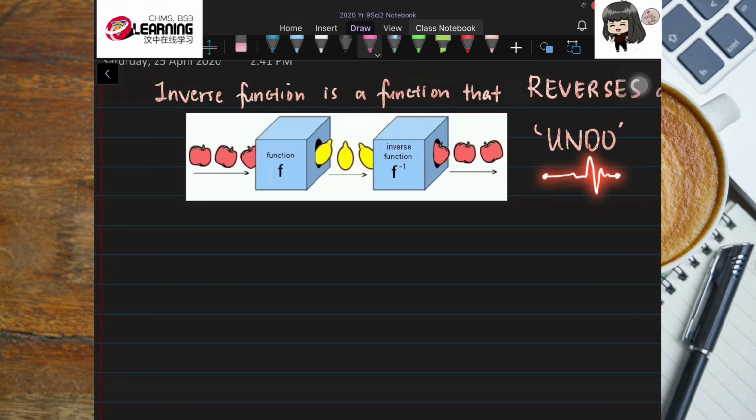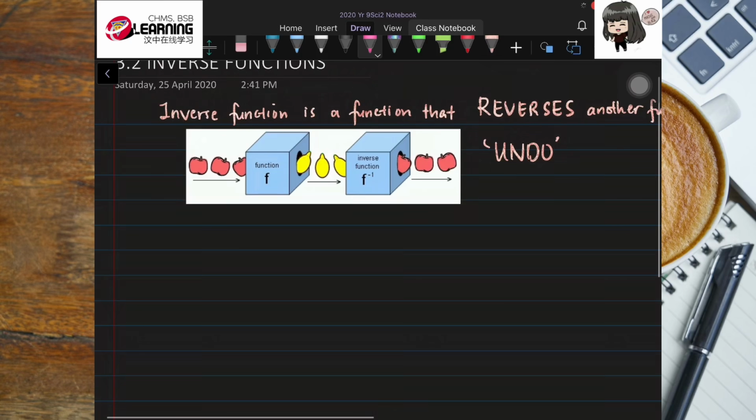So this way it is a reverse way. The apple becoming lemon is a function, and then lemon turning back to the apple is the reverse. It goes back to the original input. So it's a reverse process, and you need to know the rule of the function for the inverse.